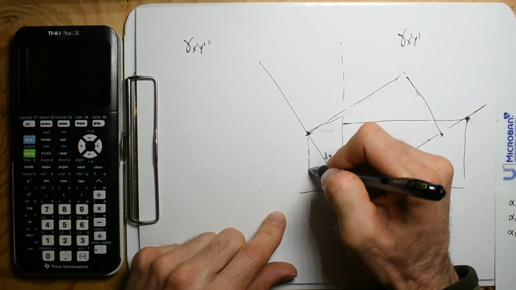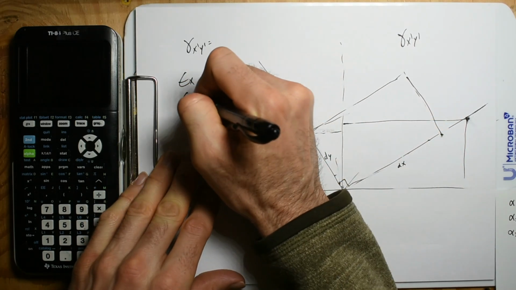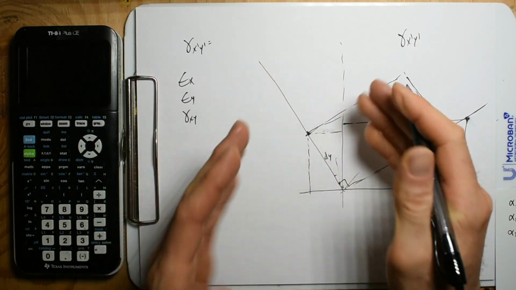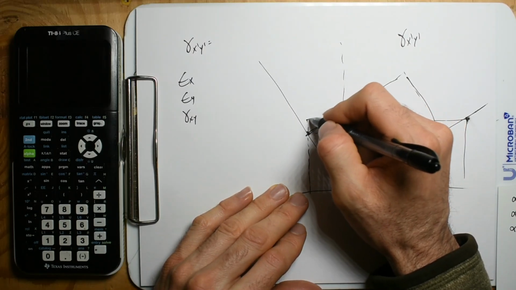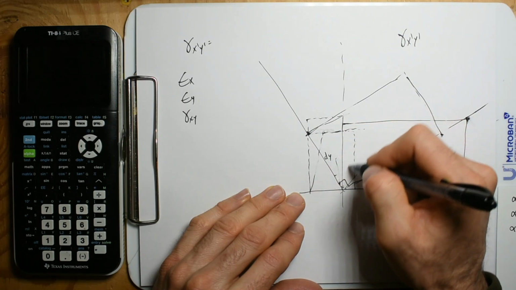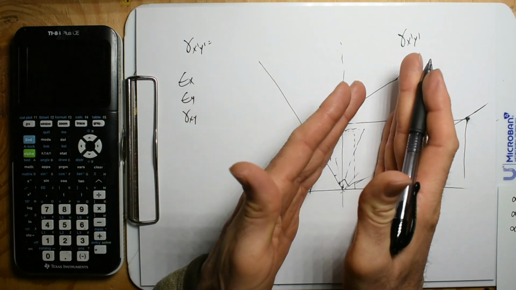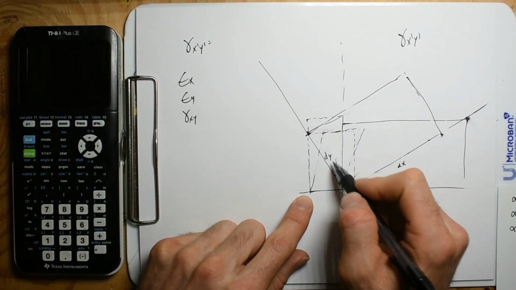All we have to do is just drop down and make a rectangle, and all those same things are going to apply. This rectangle is going to do that same strain in the x, the same strain in the y, and the same shape change in the shear. Its initial lengths are going to be different.